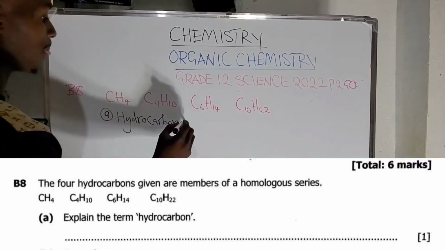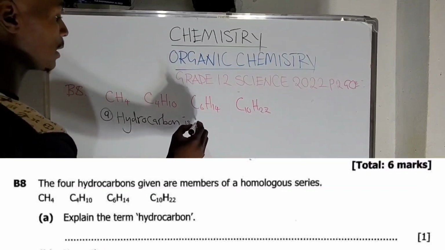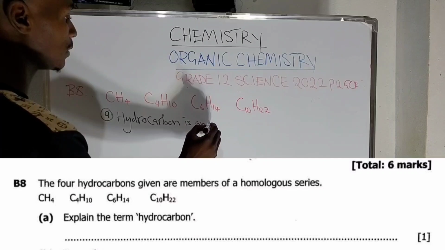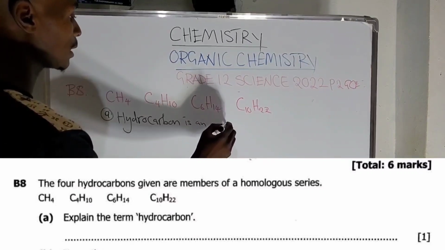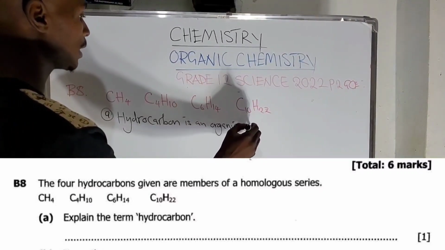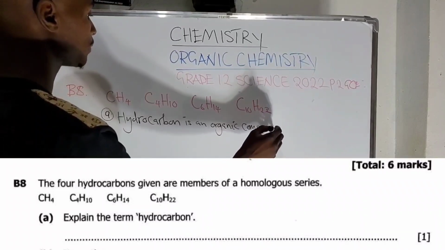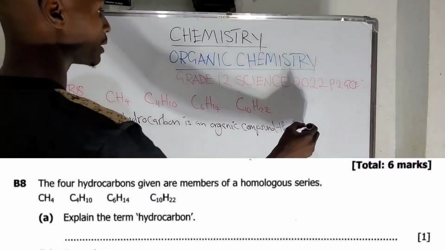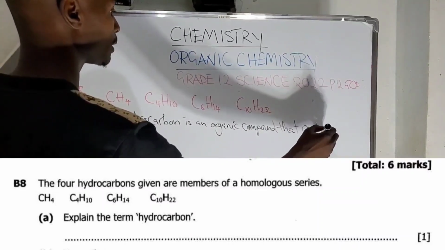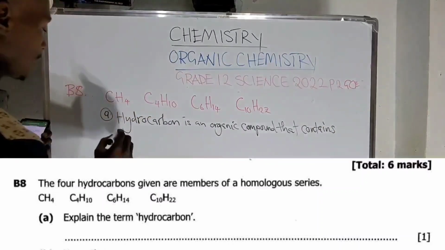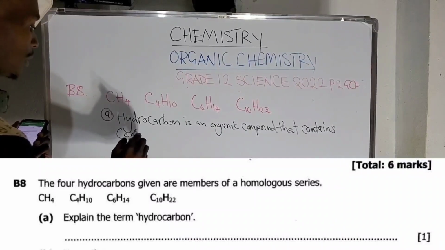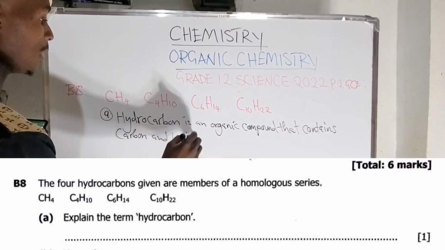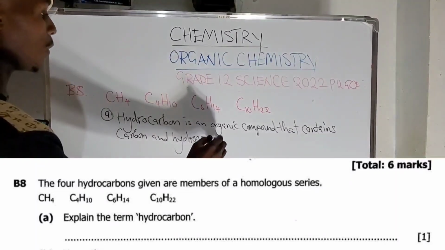So a hydrocarbon is an organic compound that contains carbon and hydrogen only.